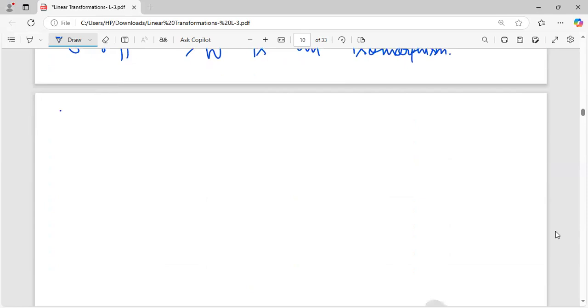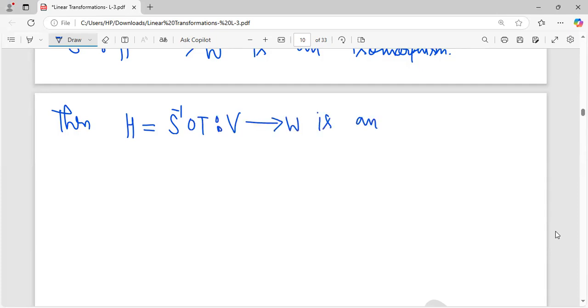Now, then S inverse composed T, from V to W, is an isomorphism by the proposition.